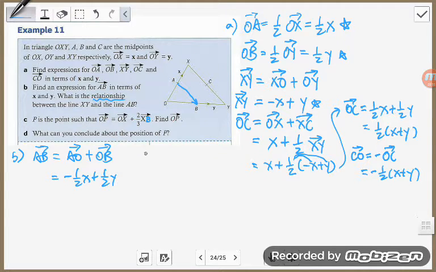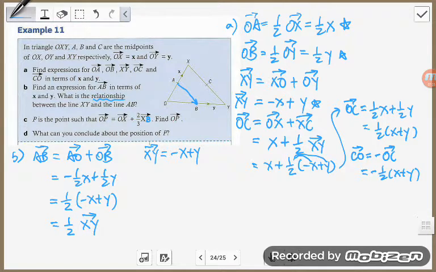Vector XY is equal to negative X plus Y. It seems like in my vector AB, I have a half there, I have a half there. Even though the sign is negative and this one is positive, maybe I can take out the half and let's see what happens. If I take out the half, I have negative X plus Y. But hey, this part is my vector XY. Which means I can write my vector AB in terms of vector XY.